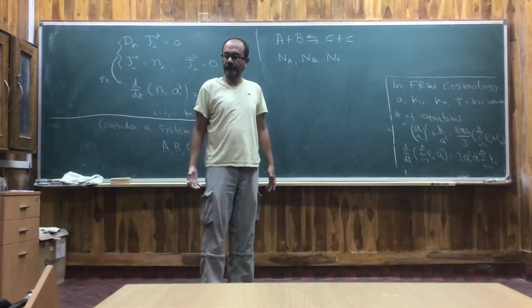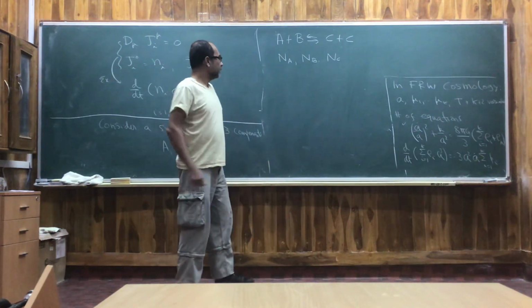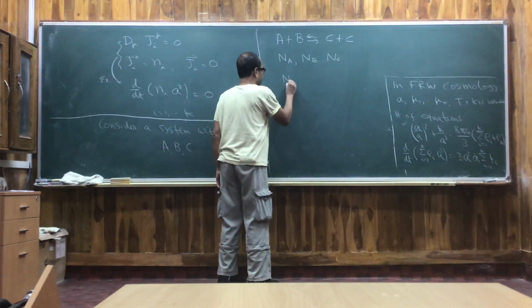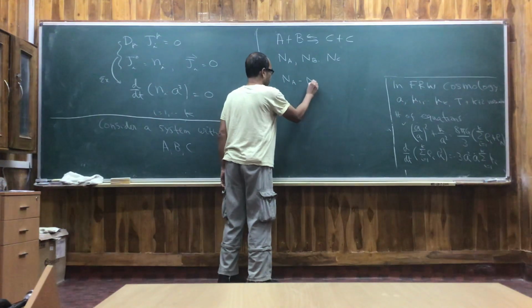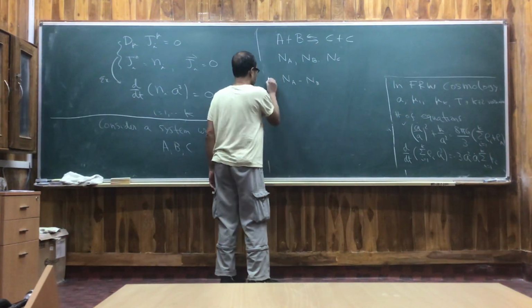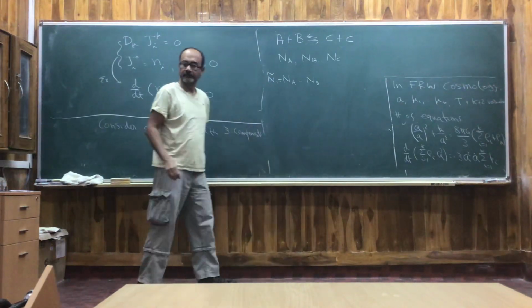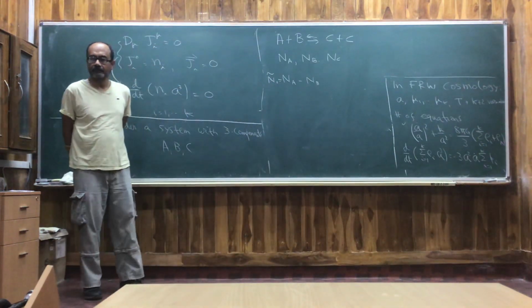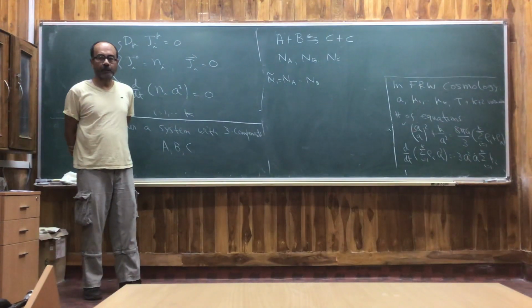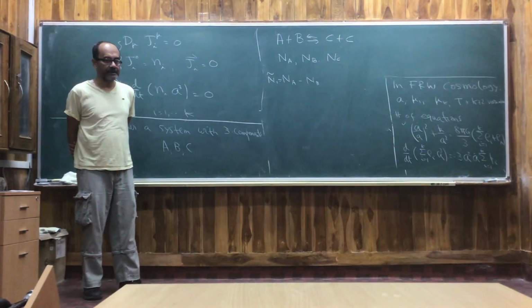One combination that is conserved is Na minus Nb. Let's call this N1 tilde. Because you reduce Na as well as Nb in this process, or you increase Na as well as Nb, so Na minus Nb doesn't change.